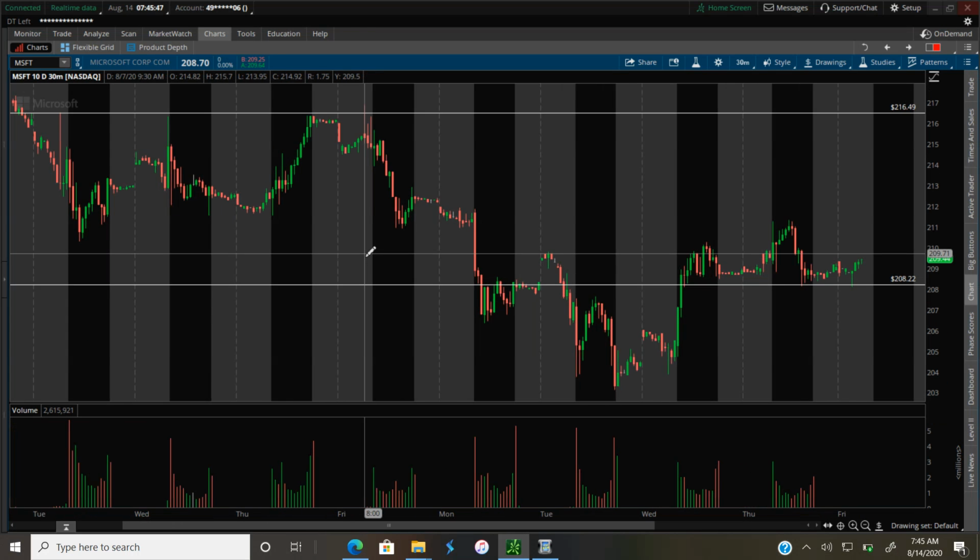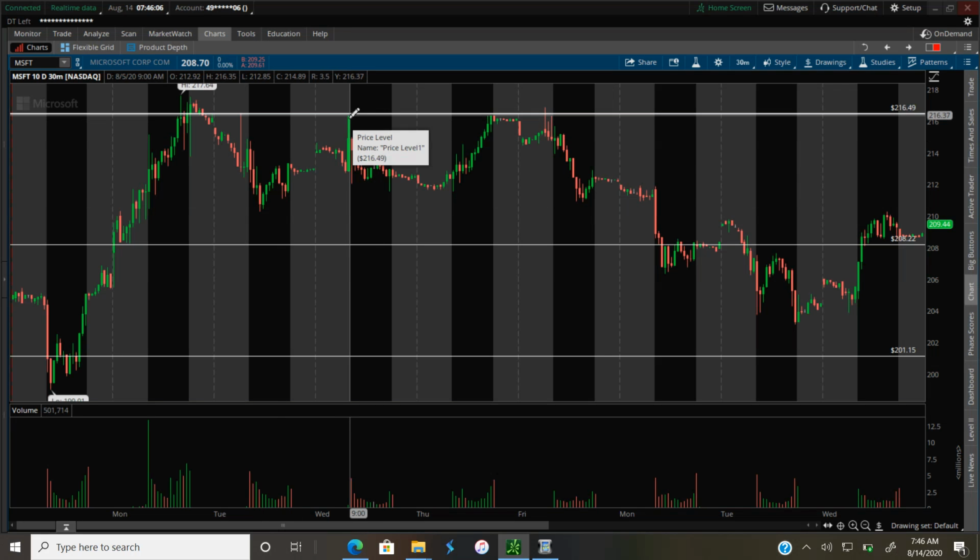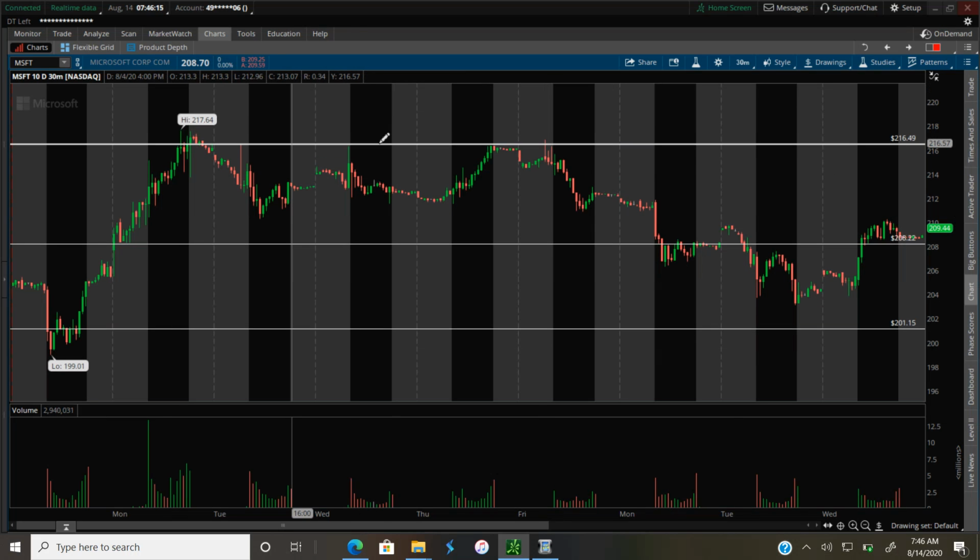If you know that this is your highest level and this is where it should reject, I would wait till price gets back under this level and then I would go to the short side. Like here, never traded above. Here, never traded above. Here, never traded above. So it just means that price cannot get above this level. That's hard resistance. That's a hard level to break.